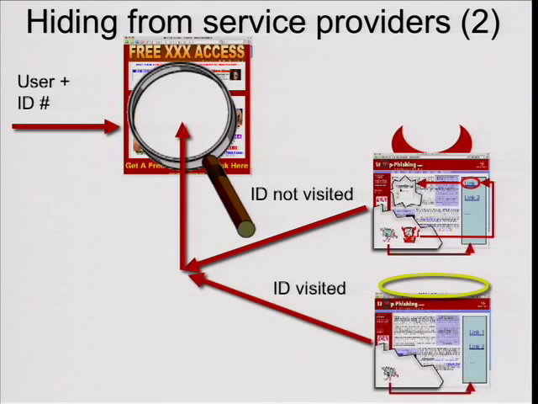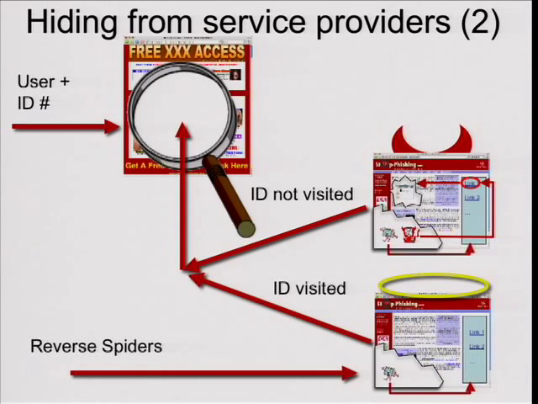But then when spidering is performed, the reverse spidering, that's of course the second time this ID will be used. Because they will check what the referrer is, and they will go to the same URL, and then it has been visited already. And then legitimate content would be served.